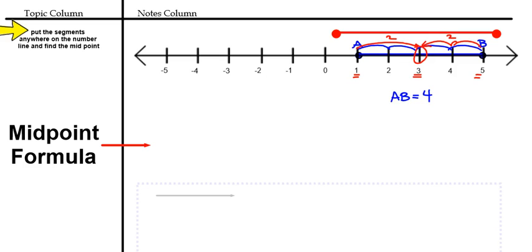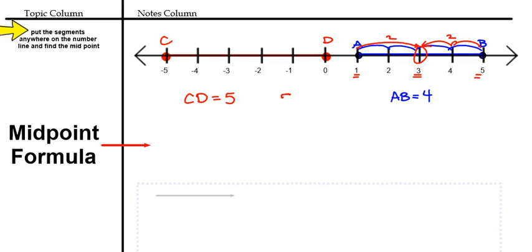What could that be? Let's look at the other segment, the red one, and I'm going to put that guy on there. And again, we can put that wherever we want. I'm going to put it over here from -5 to 0. And again, I could call that C, and I could call that D. And I know that CD is 5 spaces, even though it's on the negative side, it's still just 5 spaces. And where would the midpoint fall?